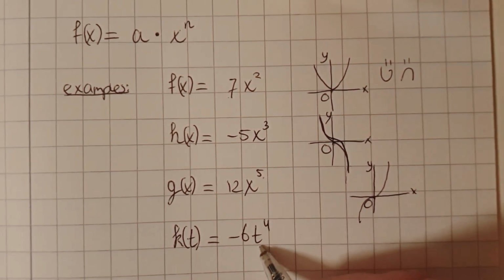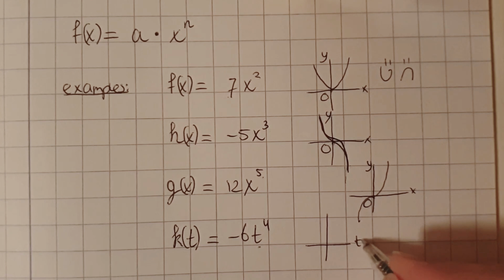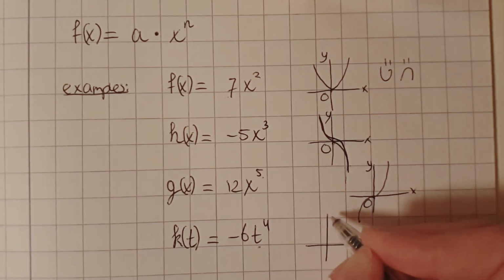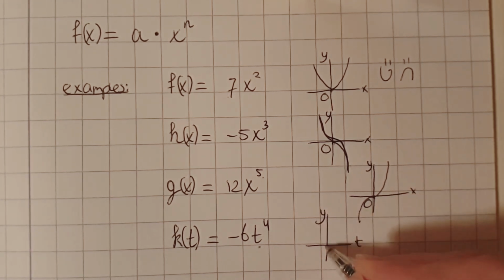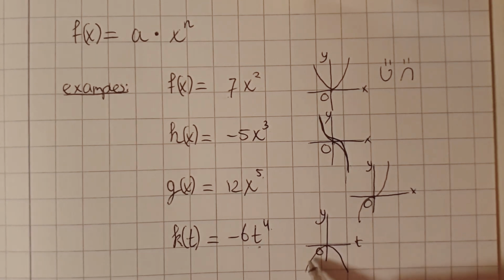I'm using t because I want to show you that it can be x, or it can be t, or it can be whatever. Now, of course, when you sketch it, you have to name this t, and this stays the y-axis, okay? And then this is an even number, so it's still a power function, but it looks like a parabola. And then this number is negative, so that's why it looks like a sad smiley.